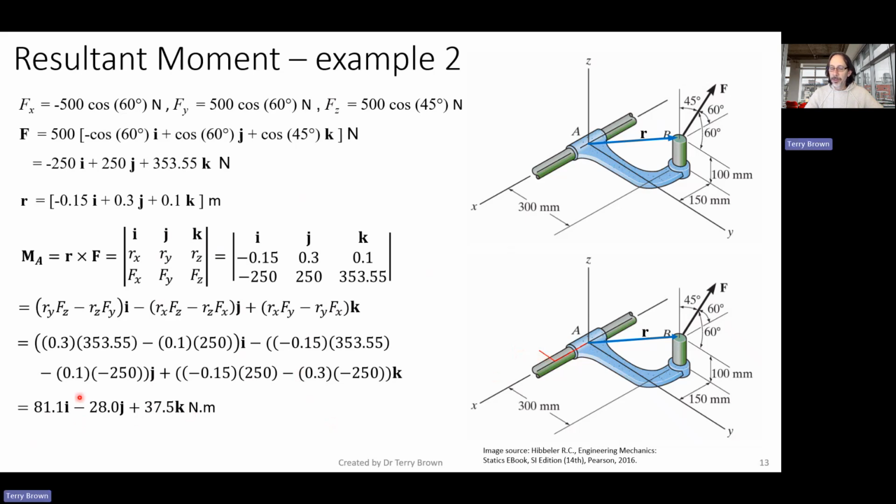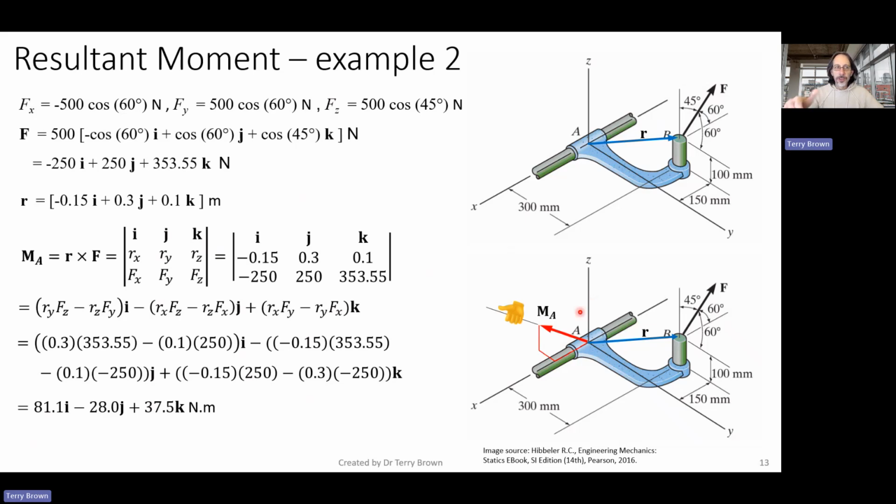So then we've got minus 28 in the y direction, so out here, and then plus 37.5 in the k direction. So our vector moment looks something like this. Okay. So along the x, minus y, and then up in the z direction.